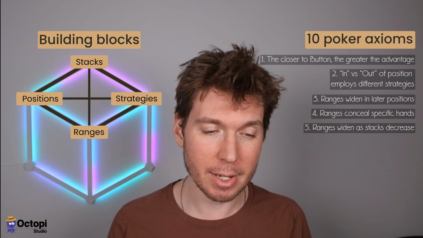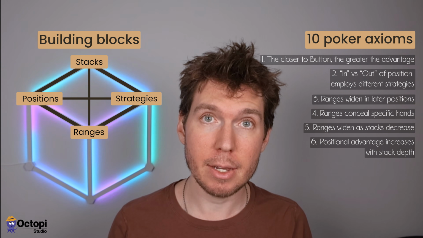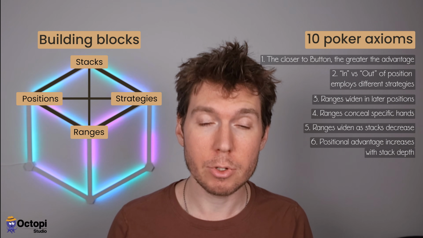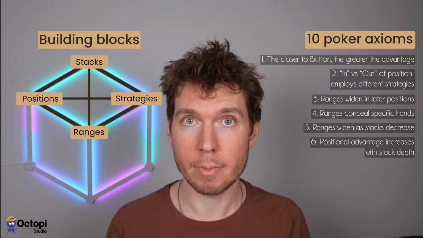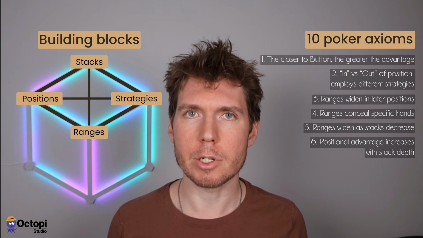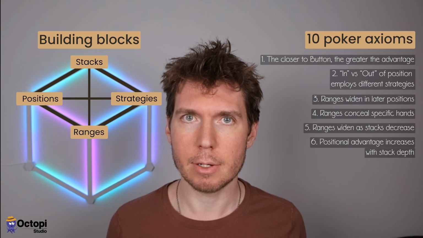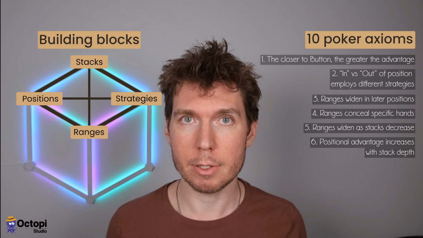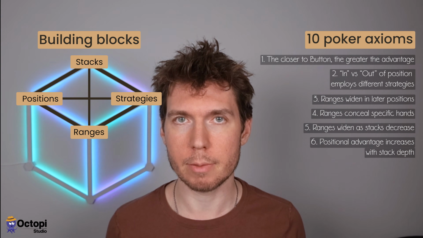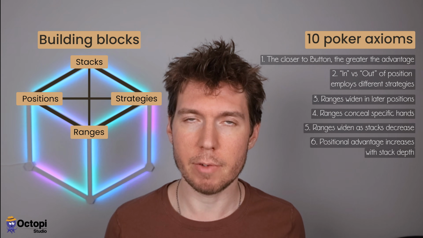So the sixth is that as stacks increase, so too does positional advantage. And it's important to take a moment here and describe the idea of effective stacks. If you have 50 big blinds and your opponent has 100 big blinds, the effective stack is only 50 big blinds.